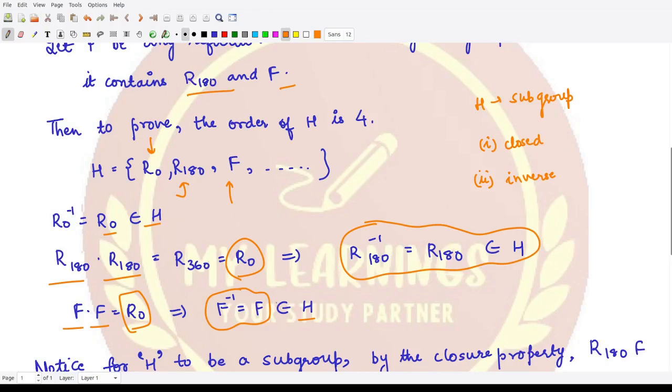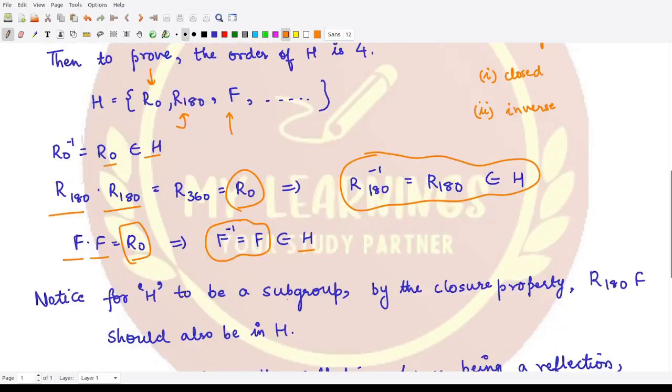So we notice that for H to be a subgroup, the inverses of all three elements are there. Now by the closure property, R0 composed with R180 is just R180, which is already there. R0 with f is f, which is already there. But what about R180 with f? It should also be present in H in order for it to be a subgroup.